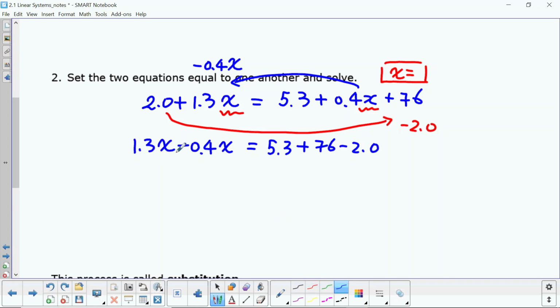For this one, you have the same x, same degree 1, so they are like terms. To collect the like terms, you subtract the numbers in front. So 1.3 minus 0.4, you will have 0.9. Then x equals 5.3 plus 76 minus 2.0. You use your calculator, and you will find out it will be 79.3.